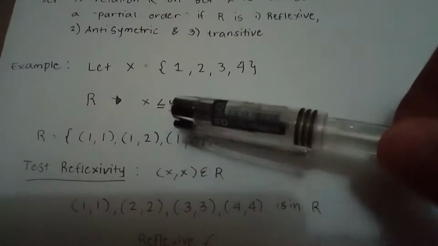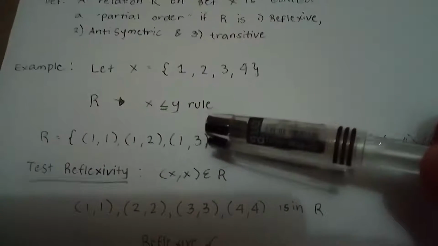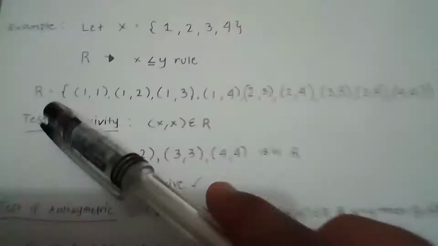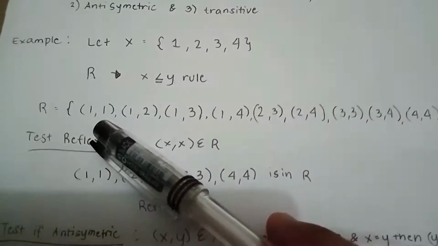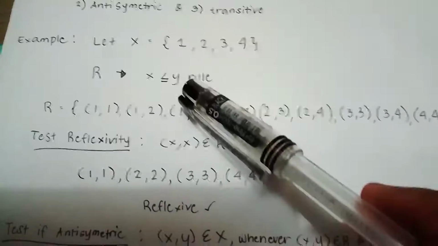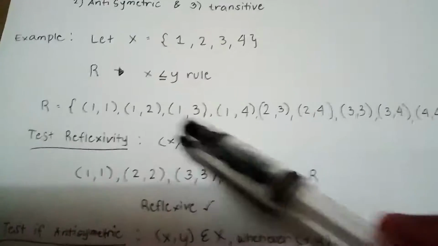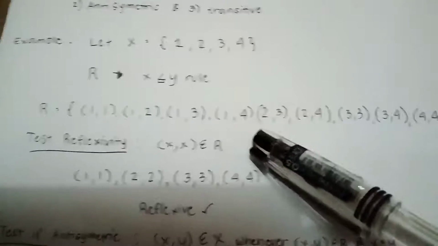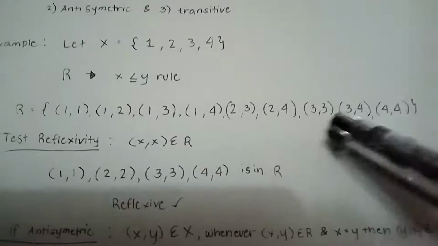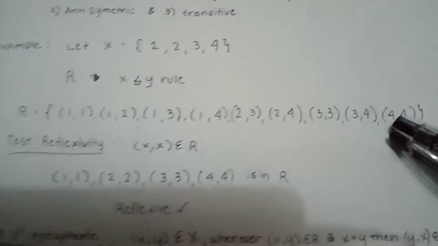So, ang magiging relation natin is (1,1) kasi they are equal. Then, dapat mas malaki si y. (1,2), (1,3), (1,4), (2,2), (2,3), (2,4), (3,3), (3,4), and (4,4). So, yun yung ating magiging relation.